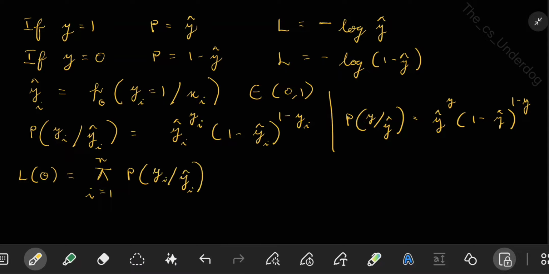So this is the likelihood. How can this be written? It will be the product for i equal to 1 to n of yi cap raised to yi into 1 minus yi cap raised to 1 minus yi. So this is my likelihood.